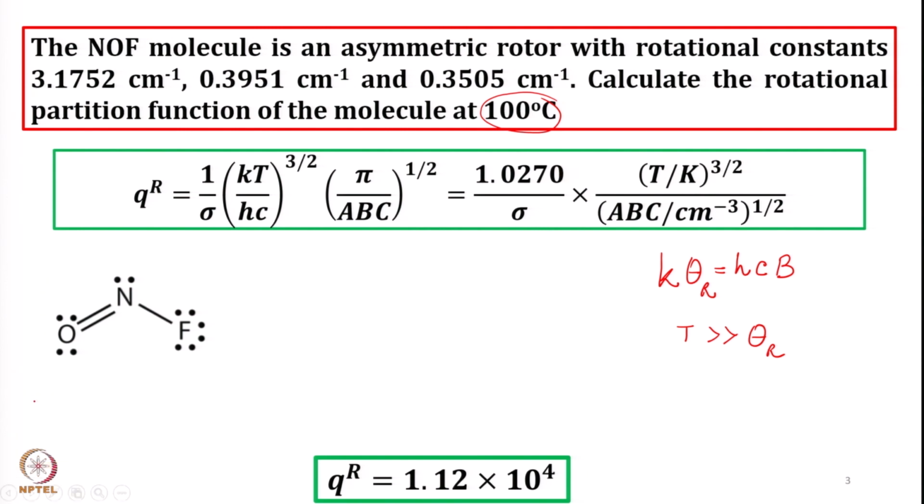So what we will have now, QR, you can use any of the result. Let us say if I use 1.0270, now sigma, here if you rotate the molecule by 180 degrees, fluorine will be on the other side, oxygen will be on this side, so therefore it is distinguishable.